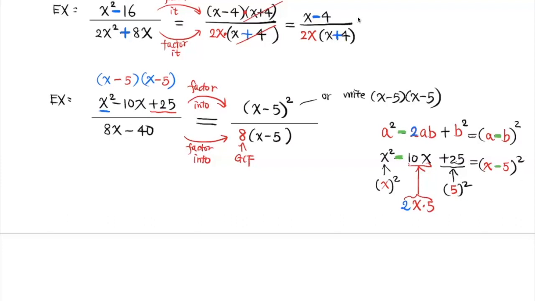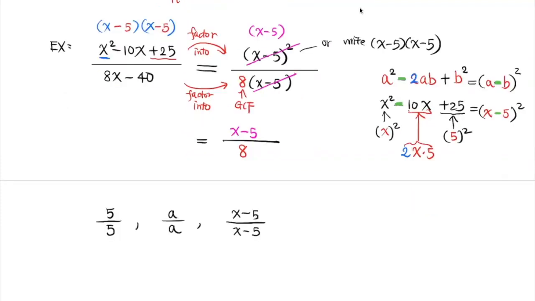Now x minus 5 squared divided by x minus 5, we have x minus 5 in the numerator. So finally, we can write this as x minus 5 in the numerator divided by 8 in the denominator.